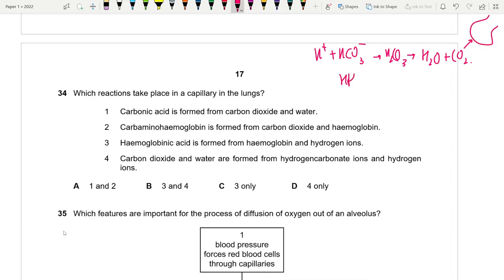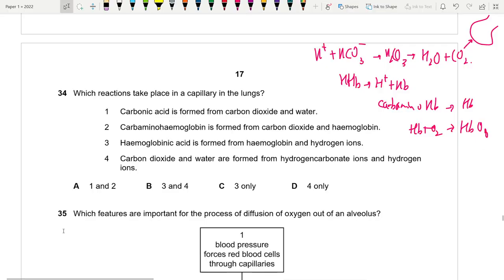Then hemoglobinic acid breaks down to form H+ and Hb. What else? Carbaminohemoglobin breaks down to form hemoglobin and CO2. What else? And hemoglobin plus oxygen combines to form oxyhemoglobin.